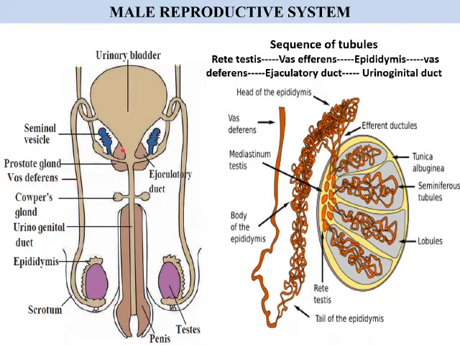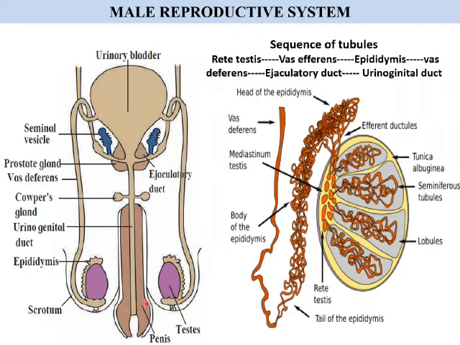This is the urinary bladder, and we must remember that the urinogenital duct is a common passage for urine as well as semen, which comprises the secretions of various glands as well as the male gametes, that is sperms.